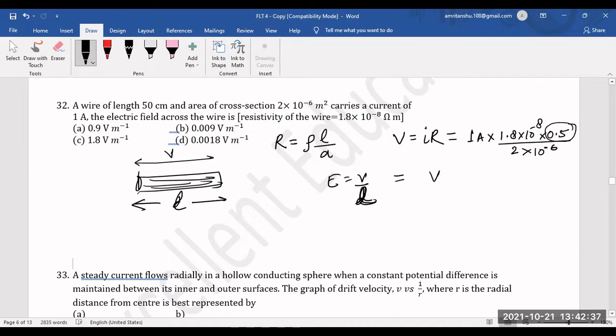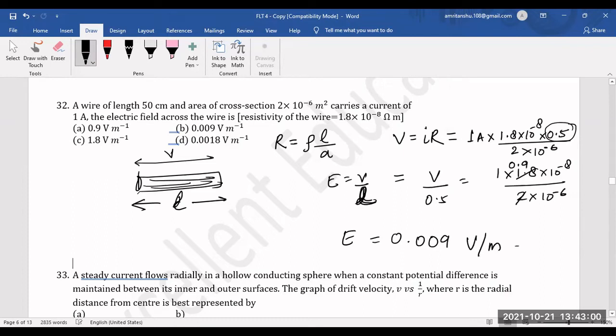If we put it over here, V by 0.5, it gives us 1 into 1.8 into 10 raised to minus 8, over 2 into 10 raised to minus 6. And we solve this whole thing. This is 0.9 and this is 0.009 volt per meter. So correct option will be this.